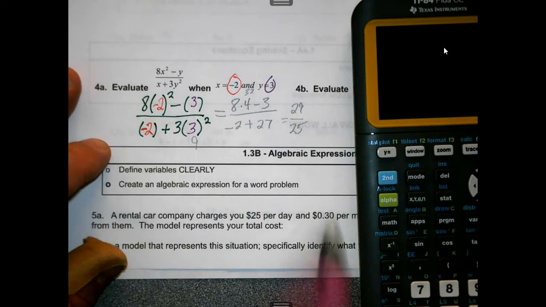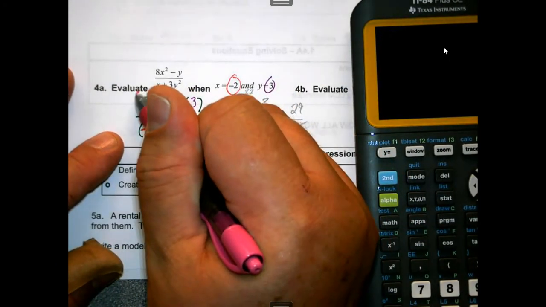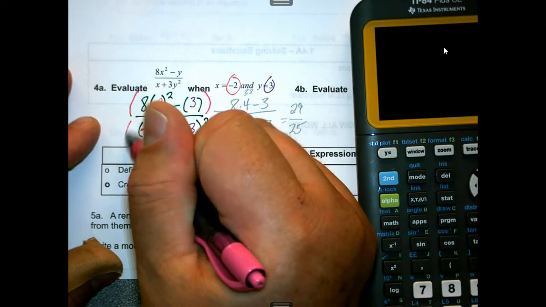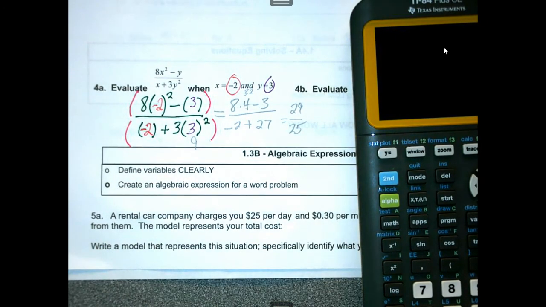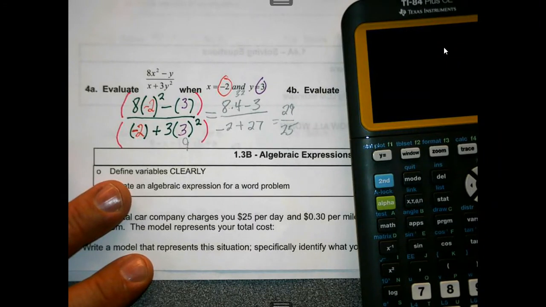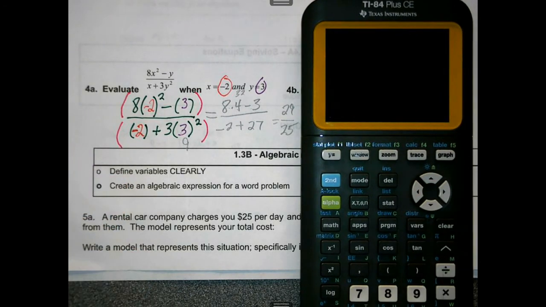So the problem is I have to force the calculator to do the whole entire numerator and divide it by the whole entire denominator. So I need even more parentheses. This is the way you're going to have to put it in the calculator, otherwise you're going to get the wrong answer. Okay? I'm sorry, but you're just going to have to do it this way.